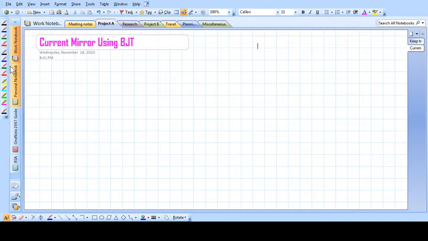So the current mirror is basically used for biasing purpose.